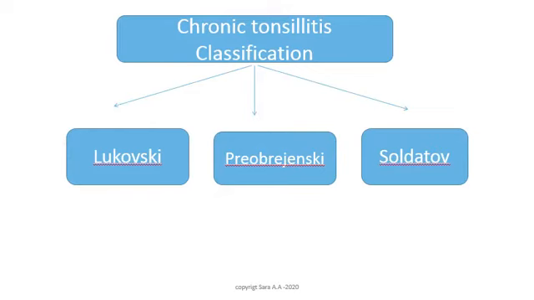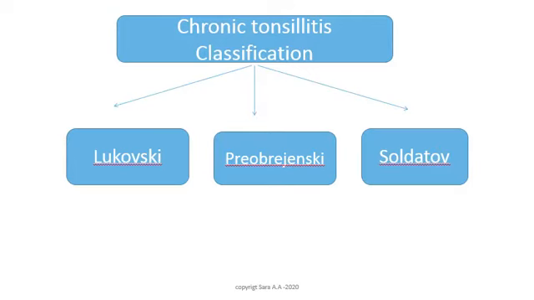Okay, now in this slide, you can see the classification of chronic tonsillitis, which we demand. This classification is not valid in just the Western world. I mean, it is in your program because we will demand such classification of you during the exam.